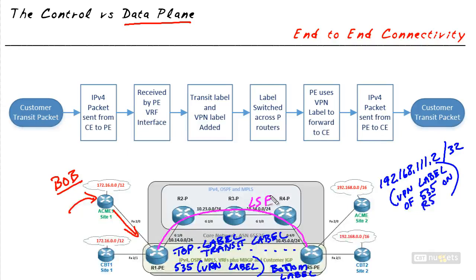So I want to go back several videos with you and ask you a question about what label R1 is going to impose as the top label to get a packet over to 5.5.5.5. And if you're saying, Keith, I got this, it's going to use the local label that R2 is advertising for 5.5.5.5. So regarding this LSP for 5.5.5.5, let's say that R2, regarding that destination, chose the label of 209 for 5.5.5.5.